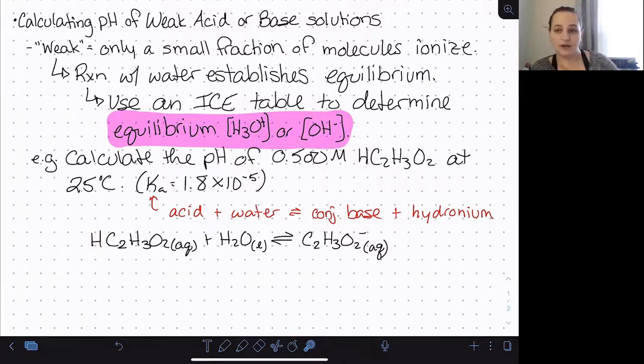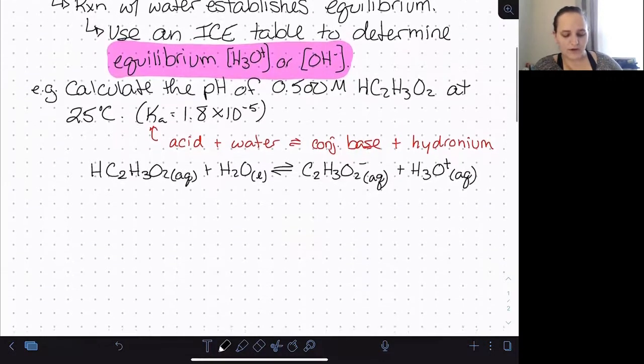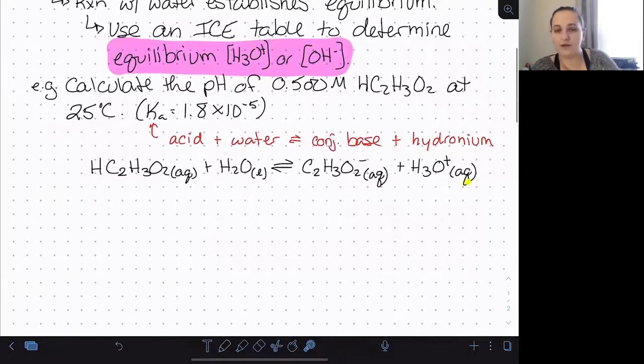So if we're starting at neutral and losing a positive charge, we end up with a negative charged anion over here. And when water gains that H plus, it becomes hydronium. So we want to solve for, in this case, our hydronium concentration at equilibrium.